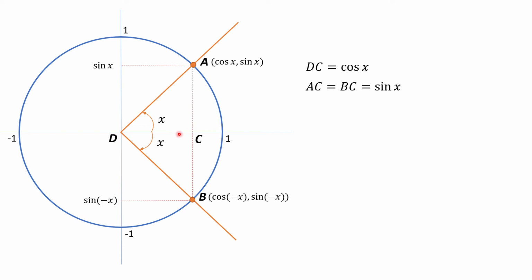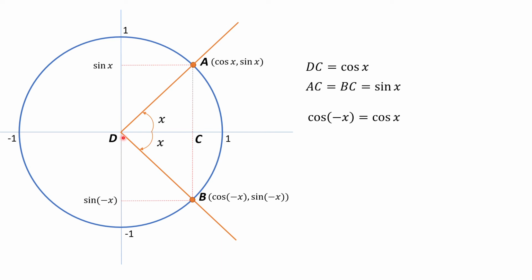It's the distance DC, which means that cosine of minus x, the horizontal coordinate of point B, should be equal to the horizontal coordinate of point A. Now, the vertical coordinates lie the same distance from the horizontal axis, because AC equals BC, but they lie in opposite directions.